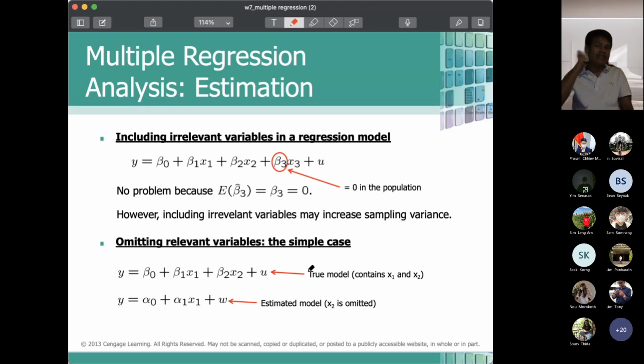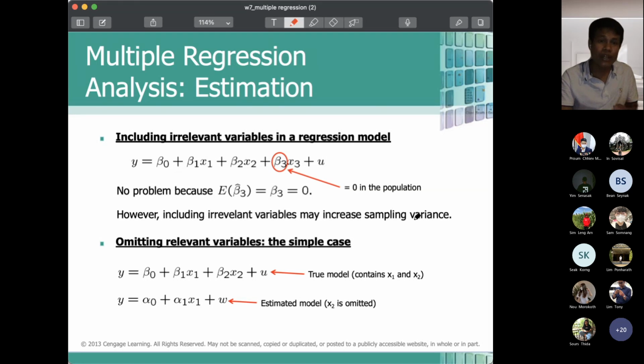What we mean is that when you include the irrelevant variable, for instance, if you are interested in the effect of X1, as you see in the red highlight here, you want to estimate the effect of X1 on Y, but unintentionally you include X3.